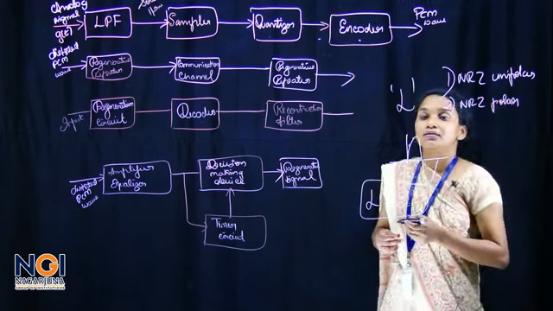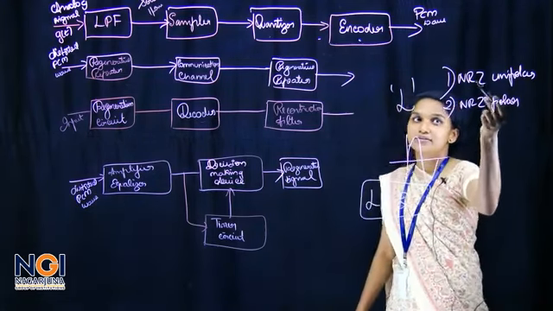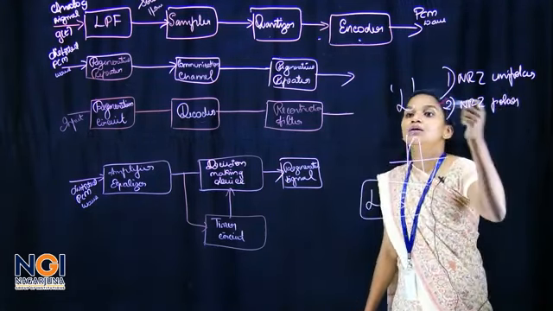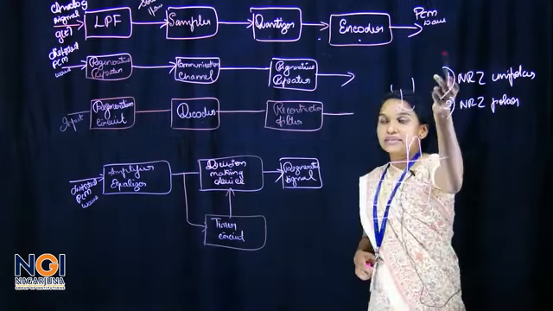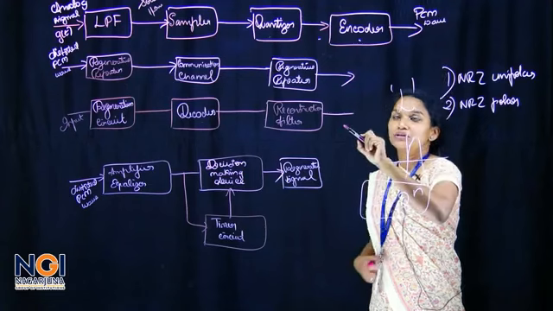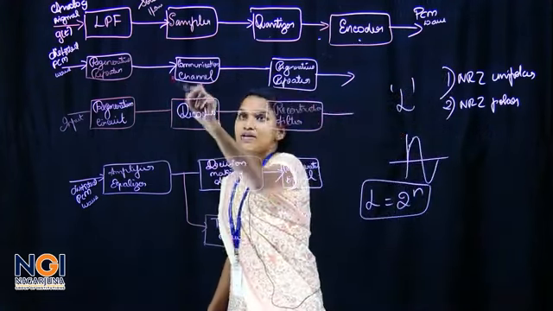Once the samples are encoded, we get the PCM wave, which is sent into a communication channel, the next part of the block diagram, which is the transmission route.